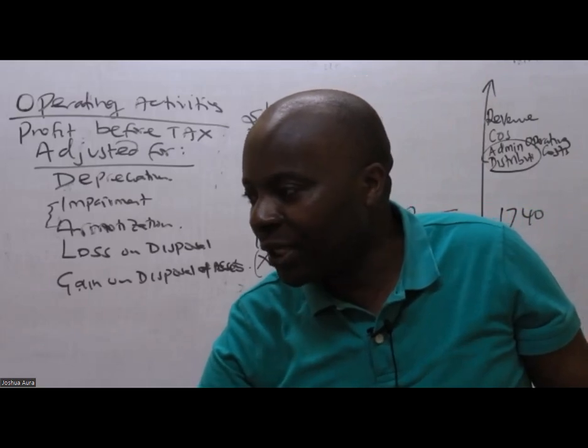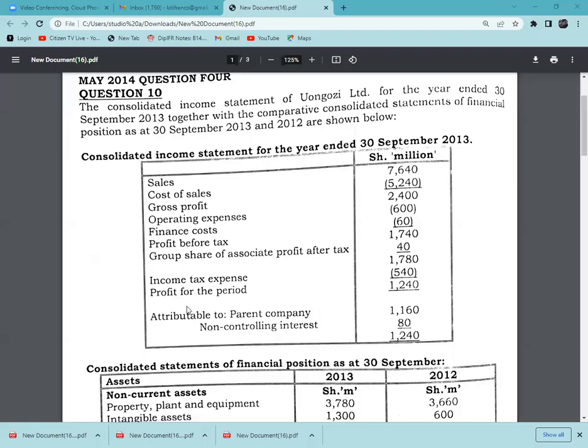If you look at this profit before tax, when you go up, sales is operational, cost of sales is operational, gross profit, operating expenses are operational. I can see finance cost here is non-operational, of 60. This finance cost is the only one which is non-operational, which I should be able to go and cancel.